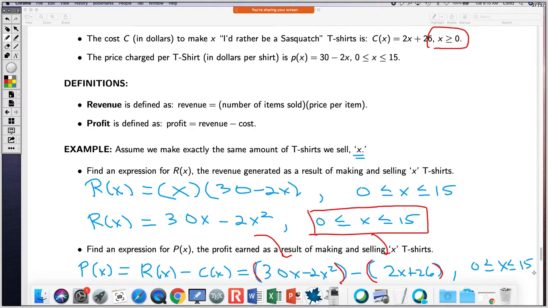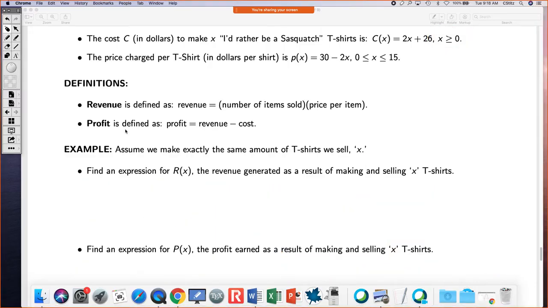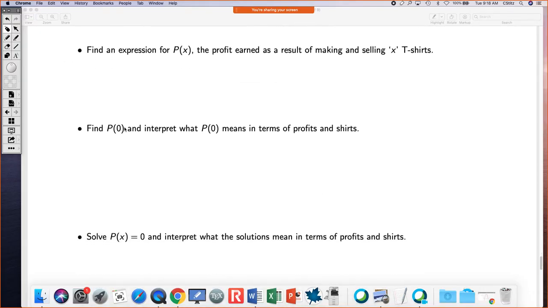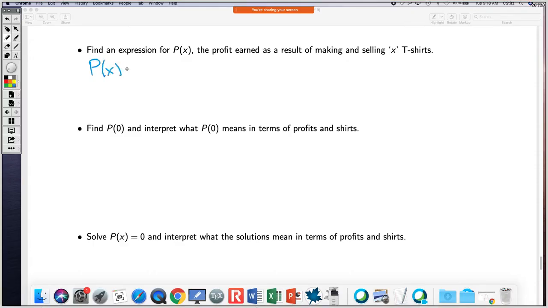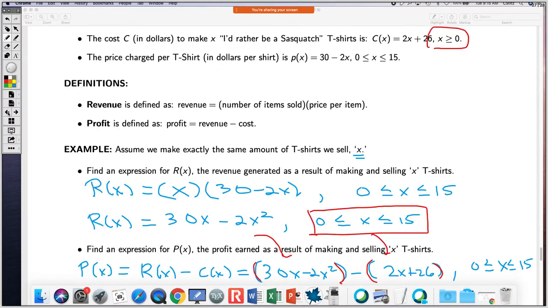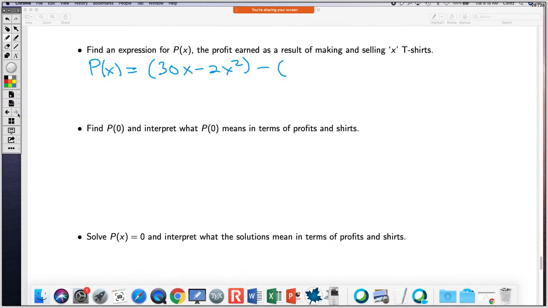So we're going to simplify the profit function here in a minute. But do you see how the pieces parts where they're coming from? So we had our 30x minus 2x squared minus 2x plus 26.